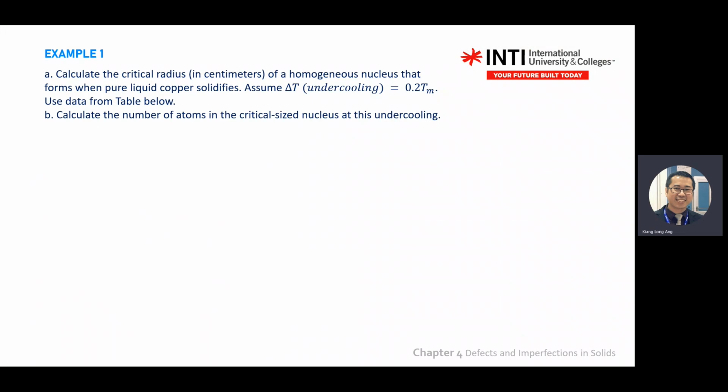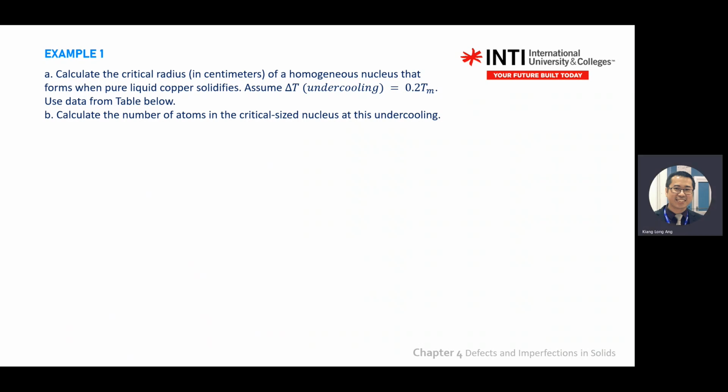So let's look at an application of the equation. Now you're given some information. Calculate the critical radius in centimeters, so you need to transform the power of 10 into centimeters, of a homogeneous nucleus. Homogeneous nucleus means you are dealing with a pure element, so you are given pure copper.